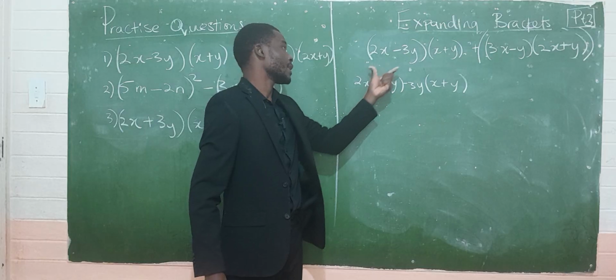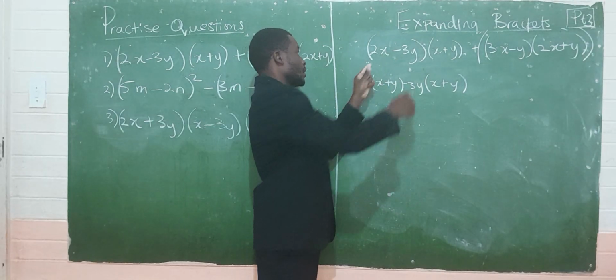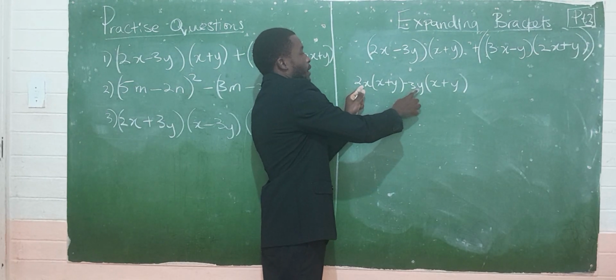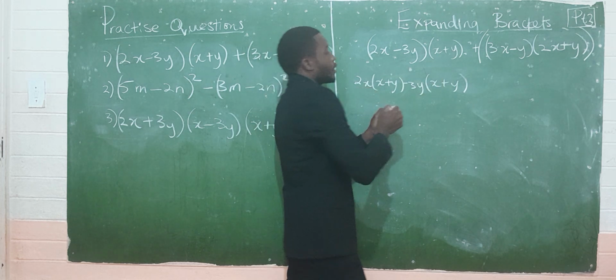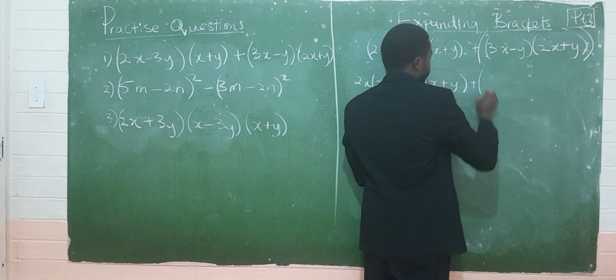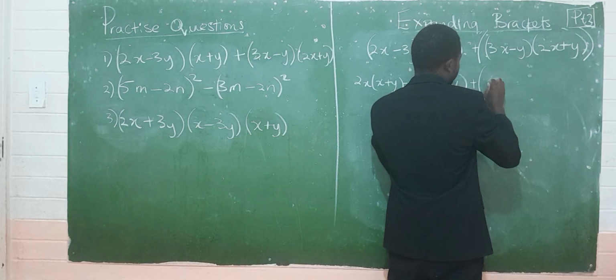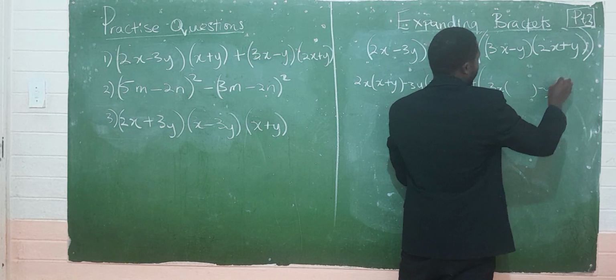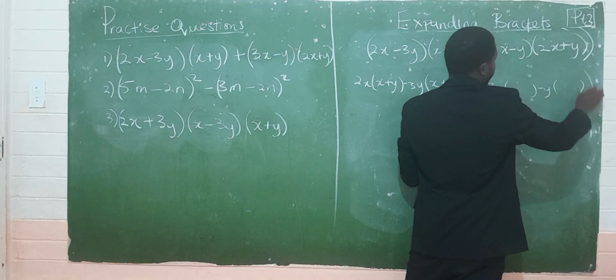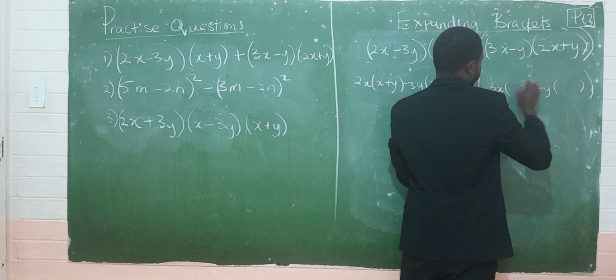Remember, this ensures that every term that's here, which is this and this, multiplies every term that's there, which is this. Let's go ahead and do the same thing in there. I'm going to break this. And of course, I'm going to rewrite this one.